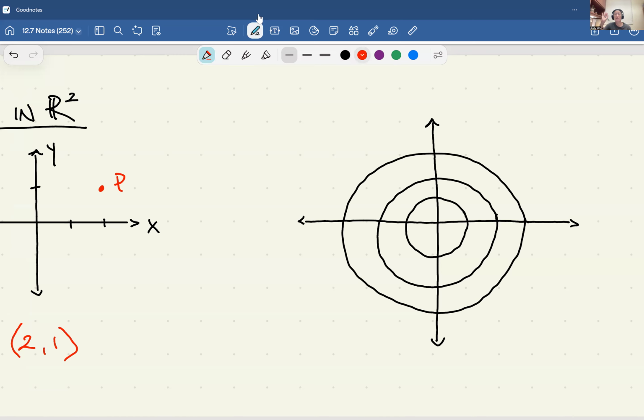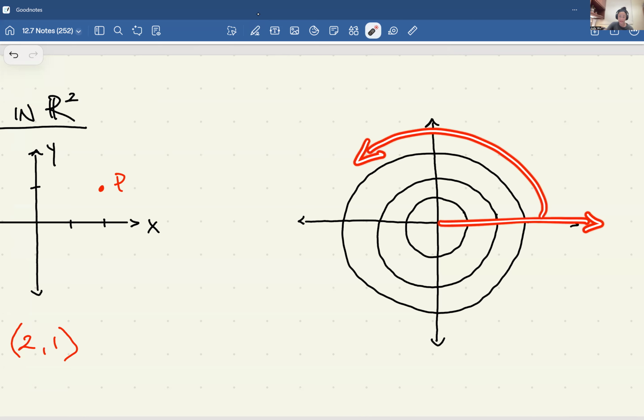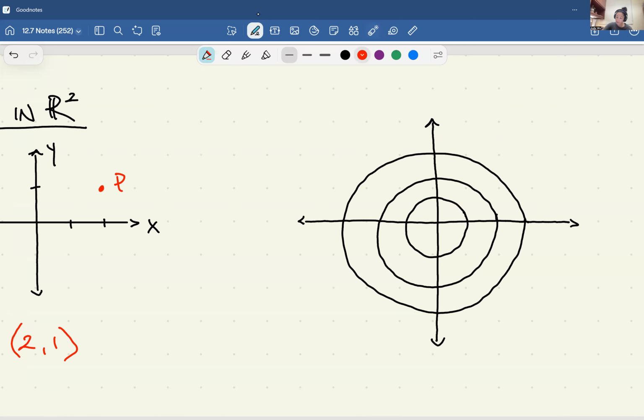It was based on the idea of the unit circle, where we start counting our angles from the positive x-axis, and we call that angle theta. Then however many radii we go out, that was our r component of our coordinate.